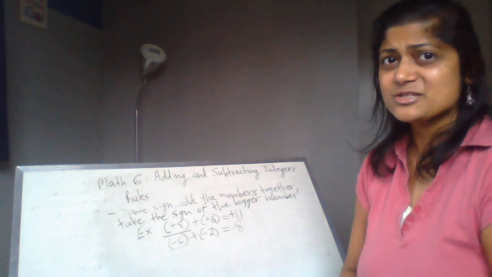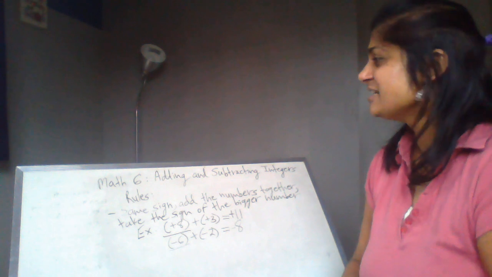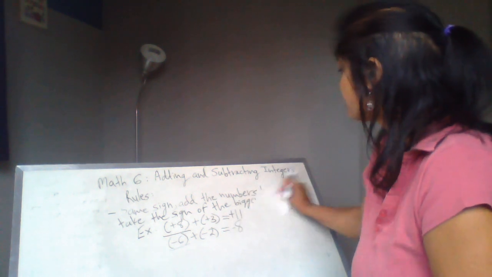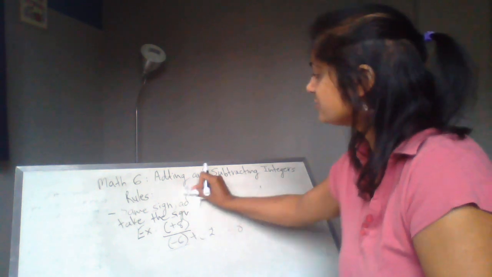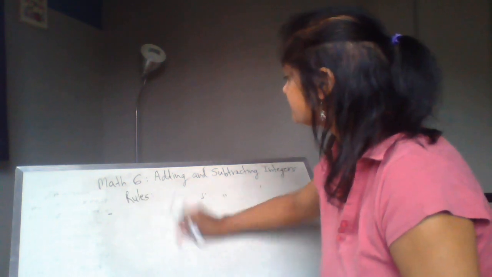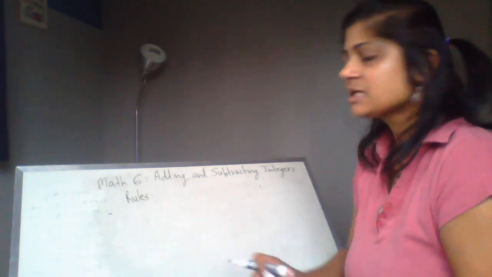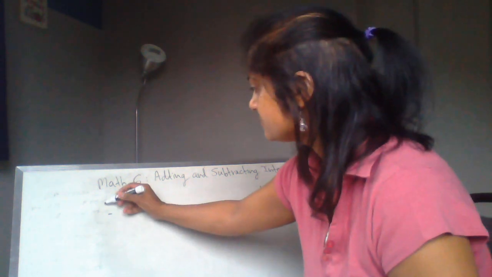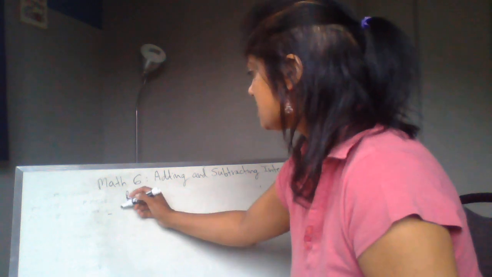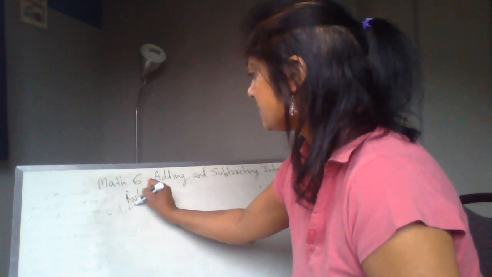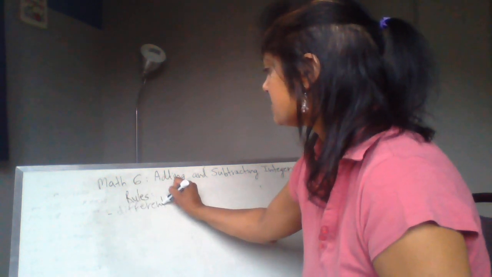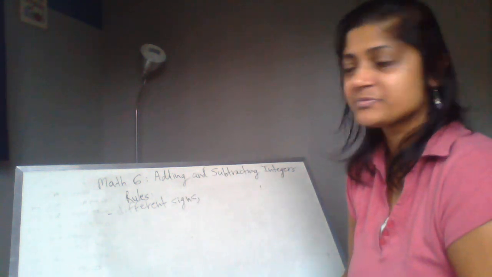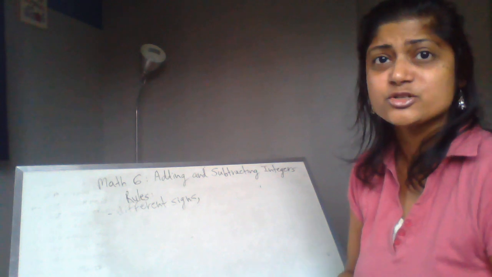Are there any questions so far? Okay, good. So with that, let's go to the next rule. This is the next major rule for adding the integers together. So I'm going to take this off. And again, let's write down the rule first, and then we'll try a couple of examples. So this time, I'm going to put different signs, because these questions are very popular among the teachers. They might try and trick you here.